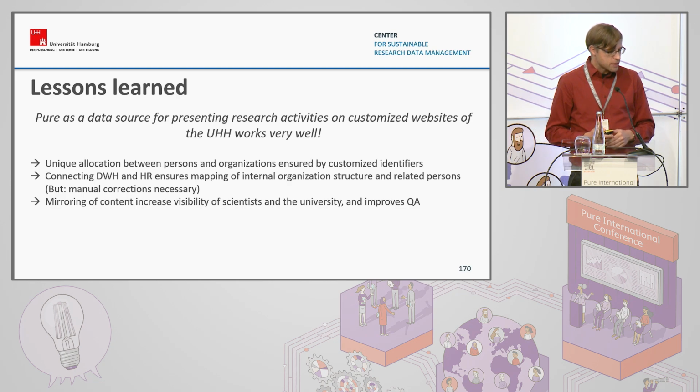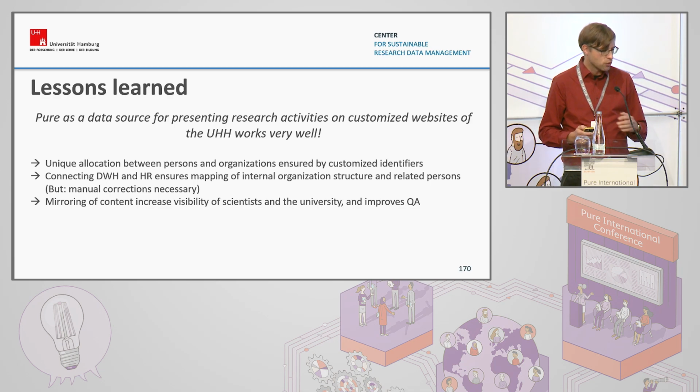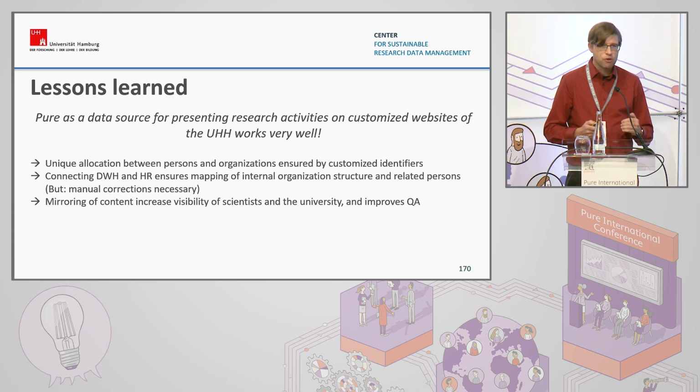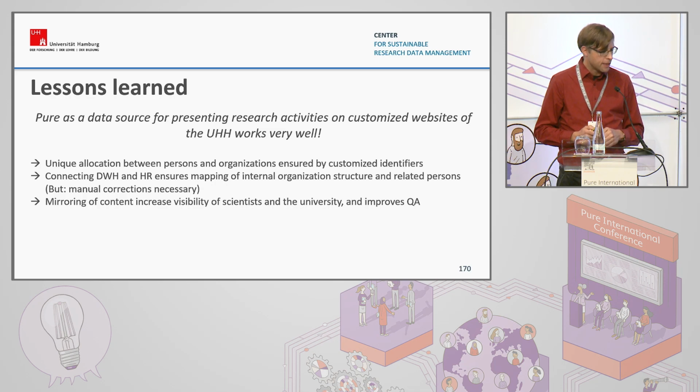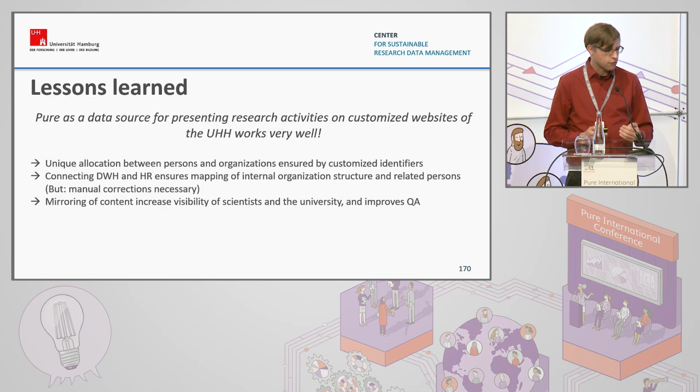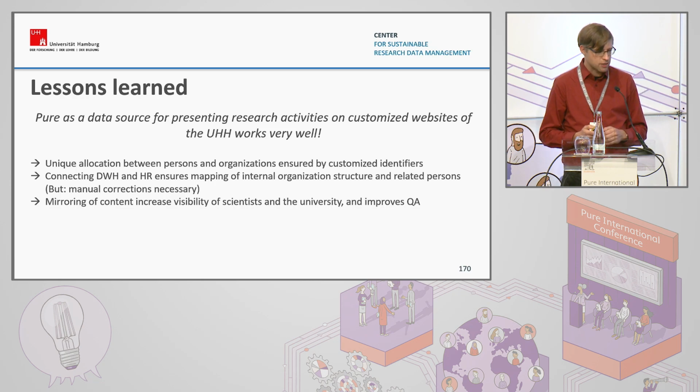We use some customized identifiers, so we ensure the unique allocation between persons and organizational units. And we're connecting, through automatic data flow, the data warehouse and human resource systems, also to fit the structure and the related persons. Nevertheless, a lot of manual corrections are necessary. That's the nature of it.